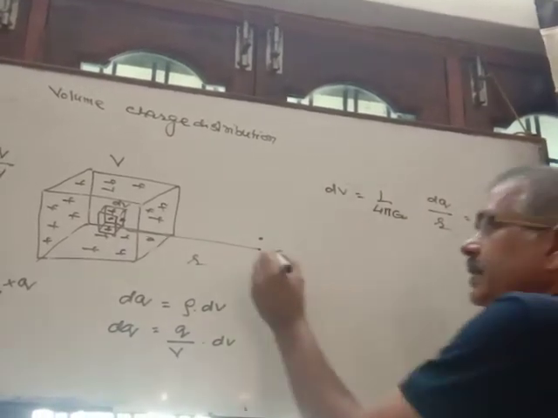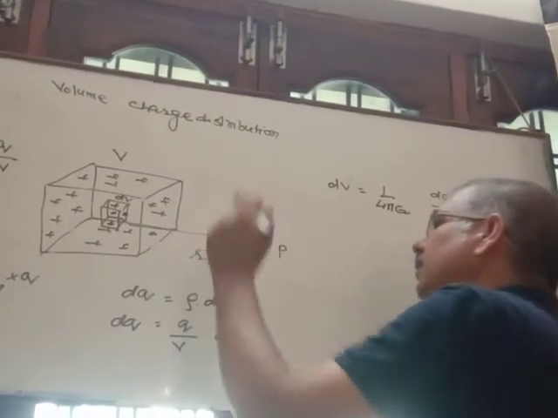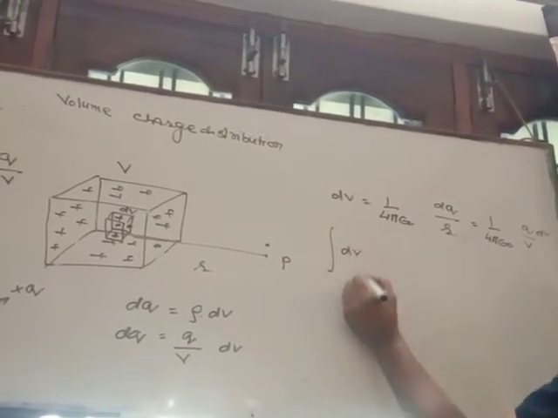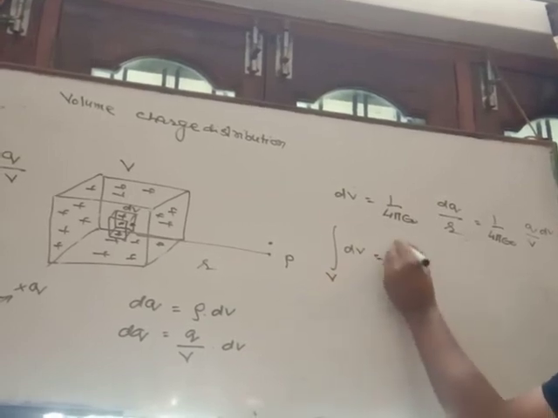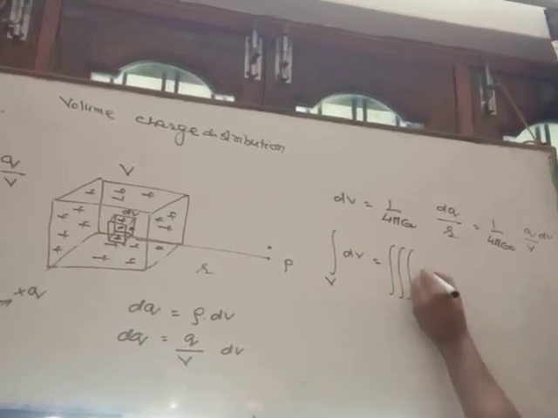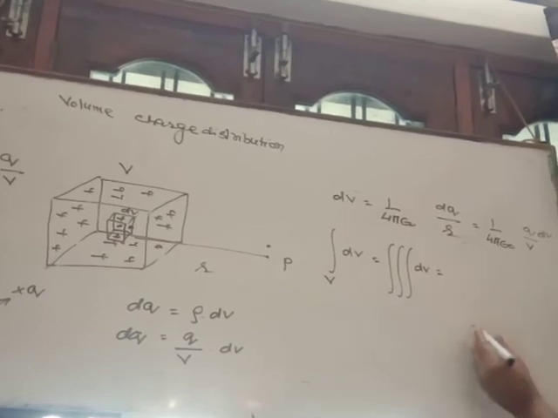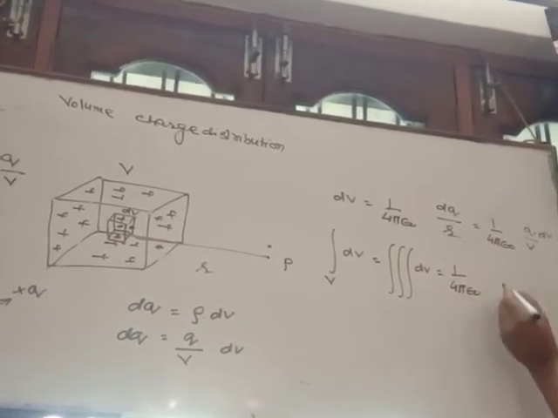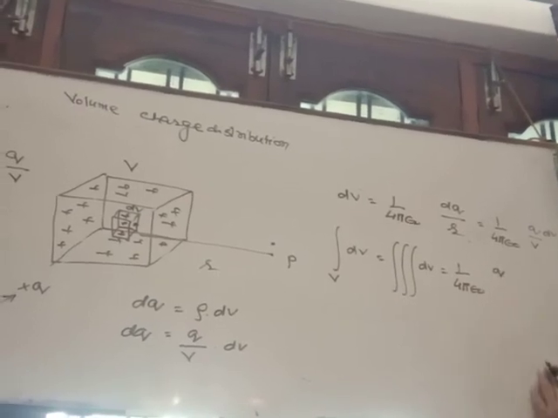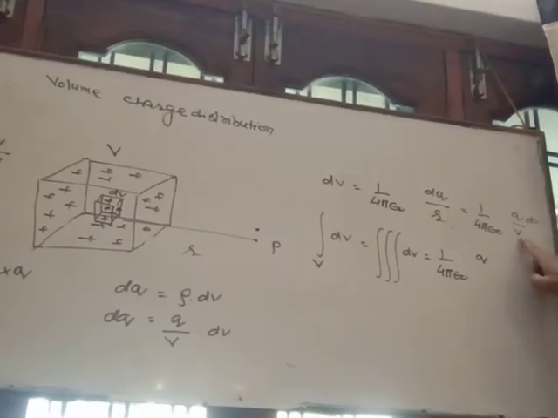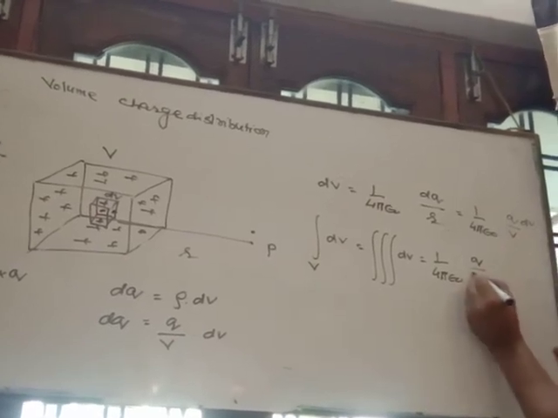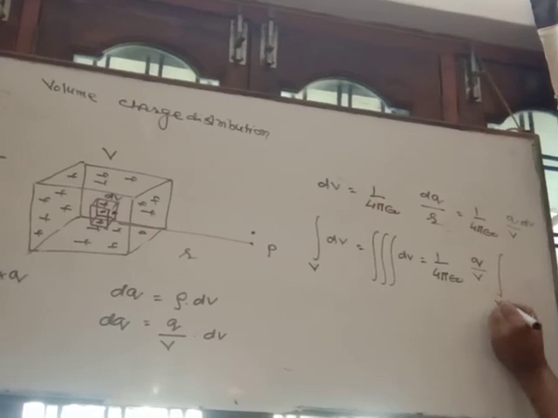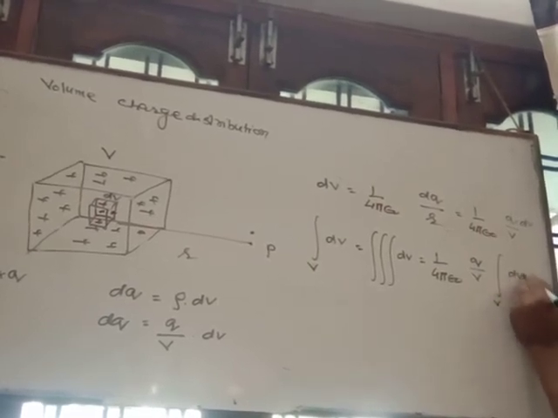So what is the net potential at point P due to the whole charged body? For this purpose we will integrate it, and it is volume integration, or you may say triple integration. It is equal to 1 upon 4 pi epsilon 0, constant Q, net charge, and V, volume, is also constant, then volume integration of dV.